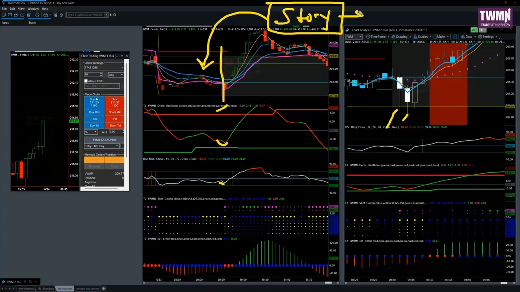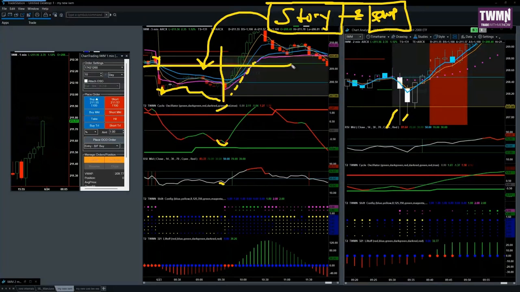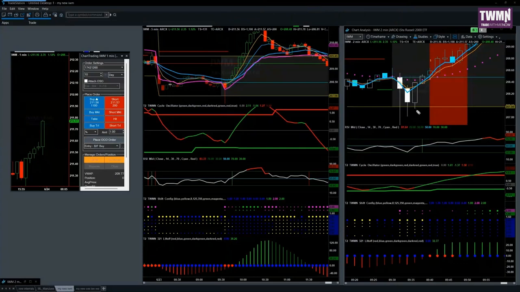What you're waiting for is a setup that confirms the story. Remember, Michael said it gapped down, stay down here. I'd like to fade the gap. I'd like to trade the reversal. That's what he'd like to do, but he needs a setup for it first. Right? So here's the setup.